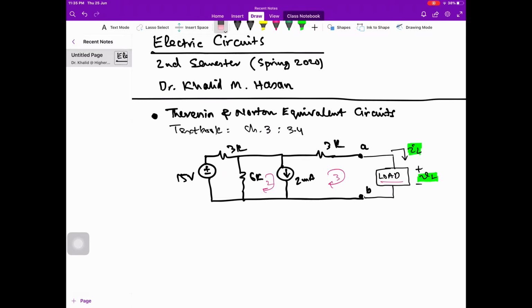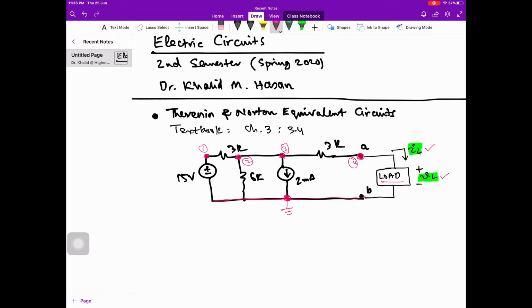Or equally, we can perform node analysis, identifying nodes, and at the output side another node, and the bottom is the ground node. Say these are V1, V2, V3, and V4. Knowing all these voltages, we can find the voltage at the output side and the current flowing through the load.